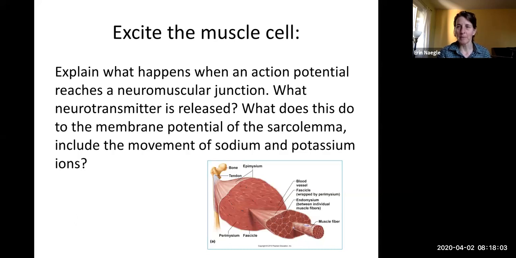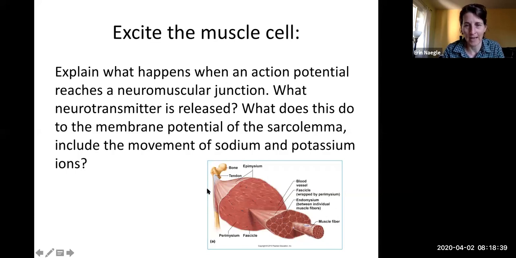Muscles have a resting membrane potential that's set up similar to your neuron, in that you have a sodium-potassium pump and some leaky potassium and sodium channels, and that's going to maintain a negative voltage charge inside of the membrane of the muscle cell. When the action potential comes down through the axon, it is going to release acetylcholine. Acetylcholine is going to bind to receptors in the muscle cell, and that's going to cause depolarization of the muscle cell. But let's watch it in action.